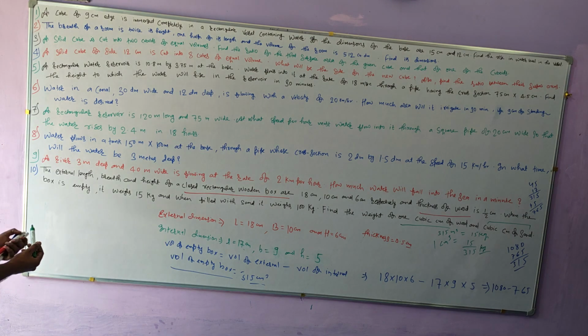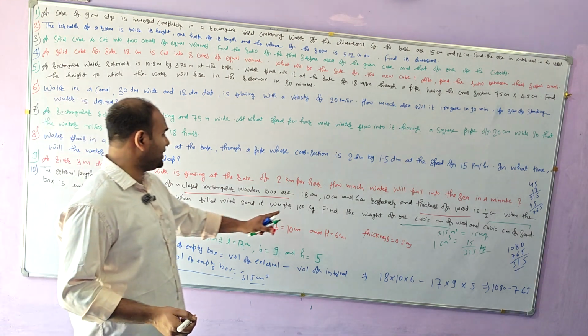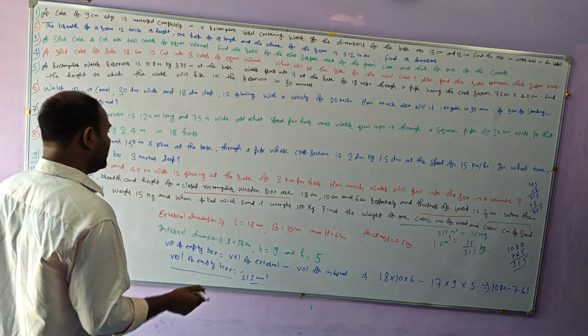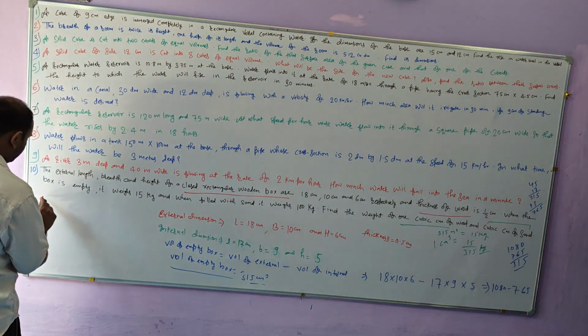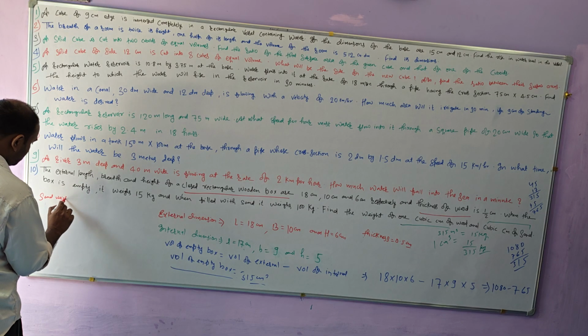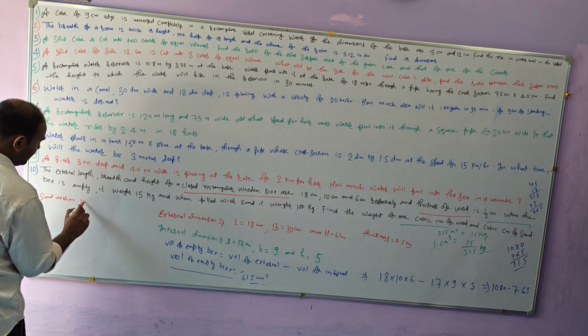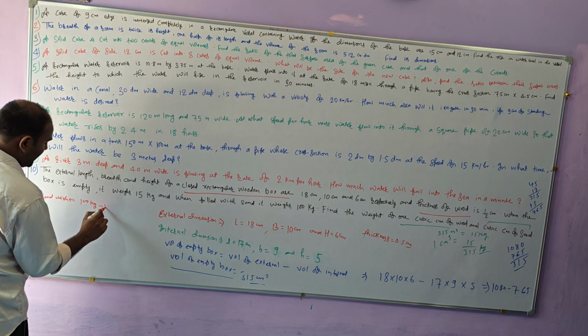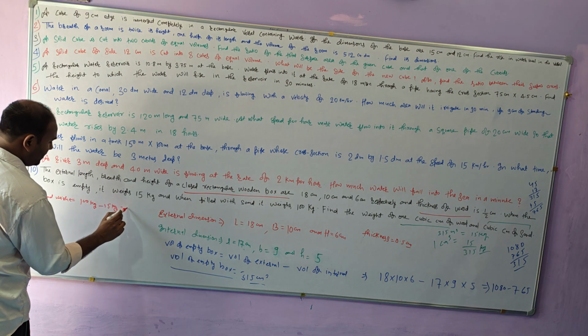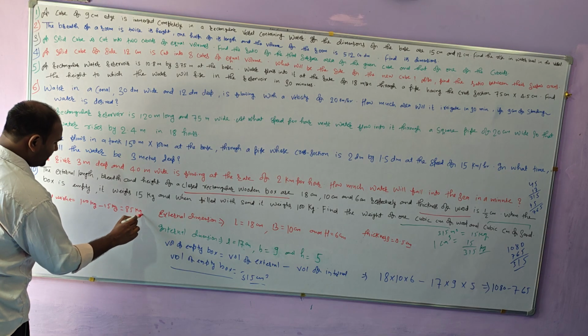So we subtract: sand weight is 100 kg minus 15 kg, that becomes 85 kg.